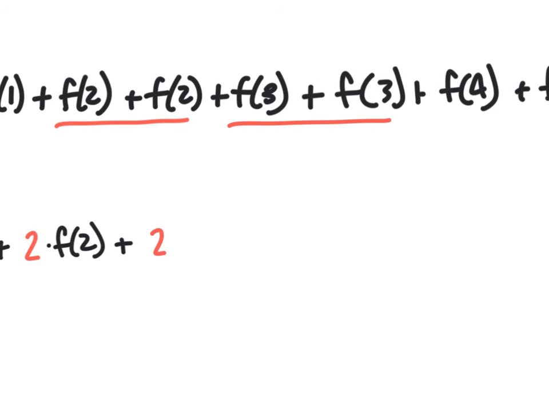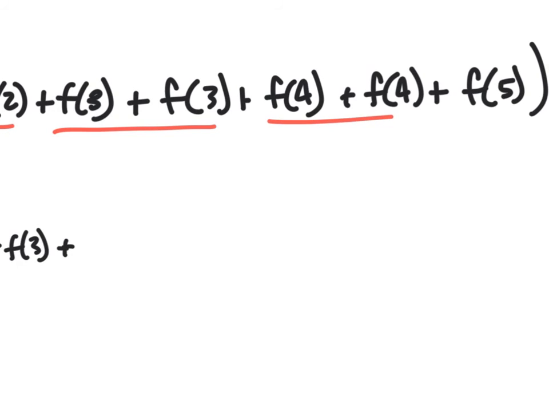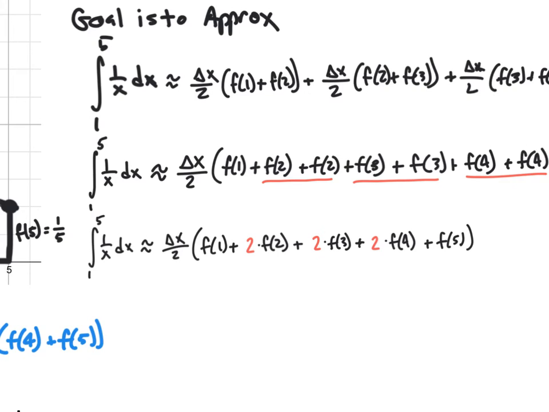So I'm going to do 2 times f of 3, and then I have two f of 4s, so plus 2 times f of 4, and then I just have a single f of 5, so plus f of 5.